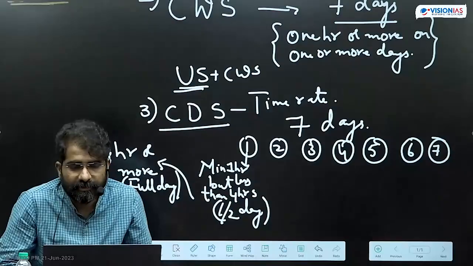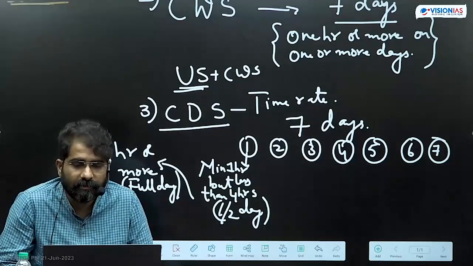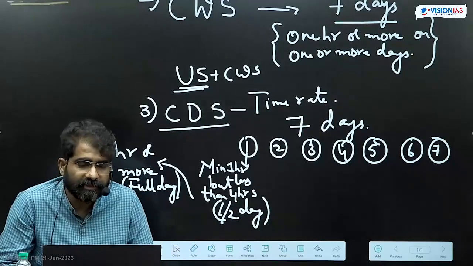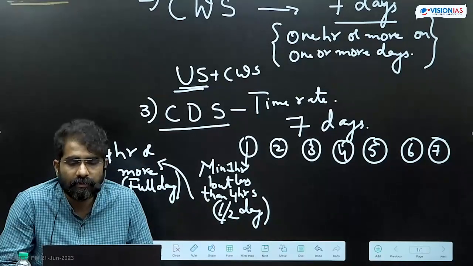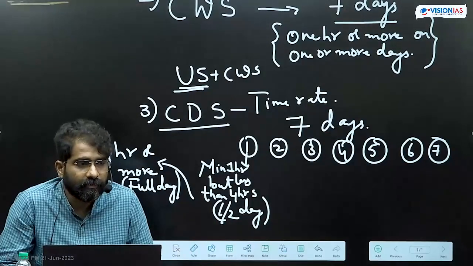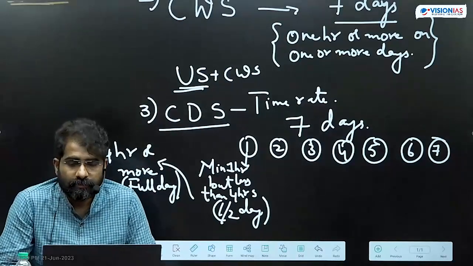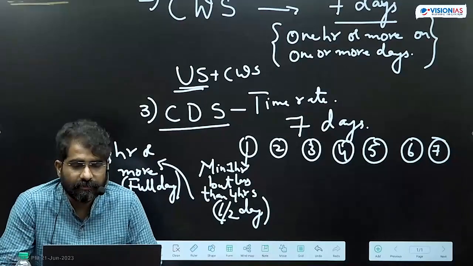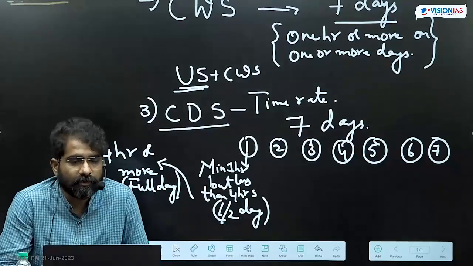Current weekly status. It determines the activity status of a person with reference to a period of preceding 7 days. Continue.